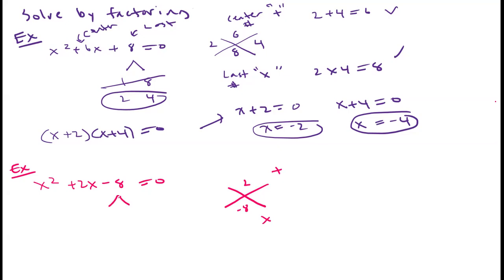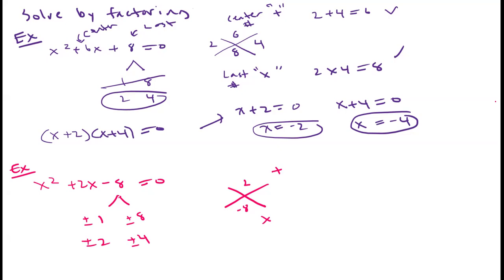So in this case, we need to not only look at the positive, but also the negative numbers as well, correct? Because now we have plus and minus. So we have the factors of 8, which we already know, which are 1, 8, 2, and 4, but we also need to list the negative as well.